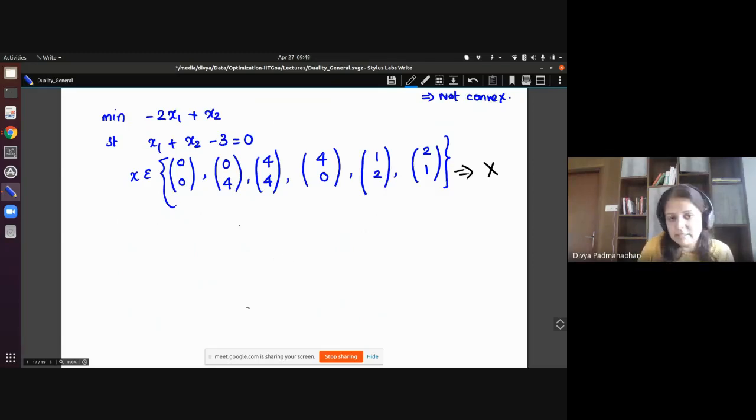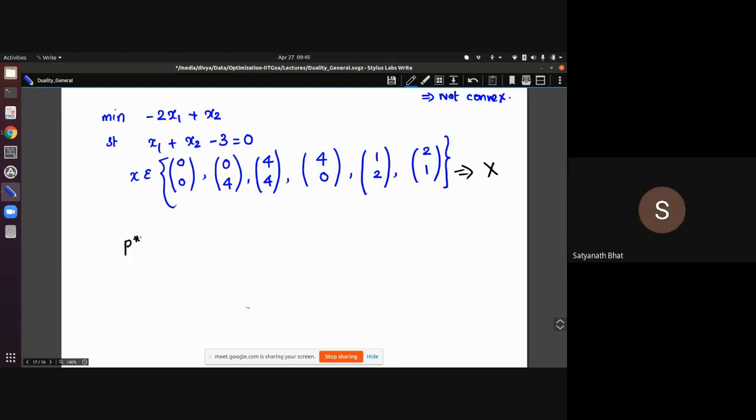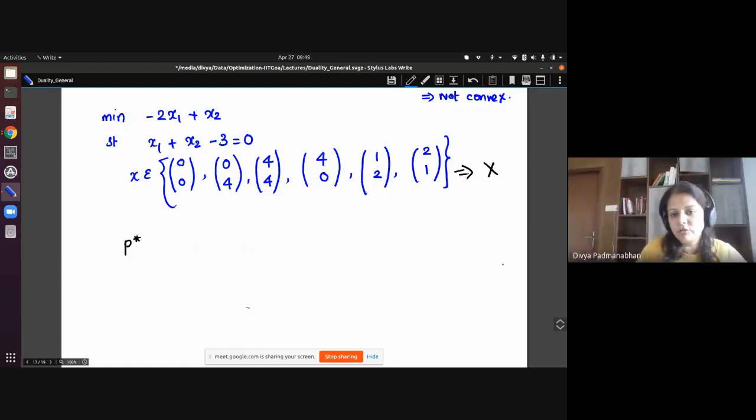So maybe first let's just write the primal objective. So why, if having integer points makes it non-convex? Yeah, so in terms of the feasible region, you don't have a convex set anymore. So something like this, if in 2 dimensions, suppose these are the feasible points, okay, these are the integer points.